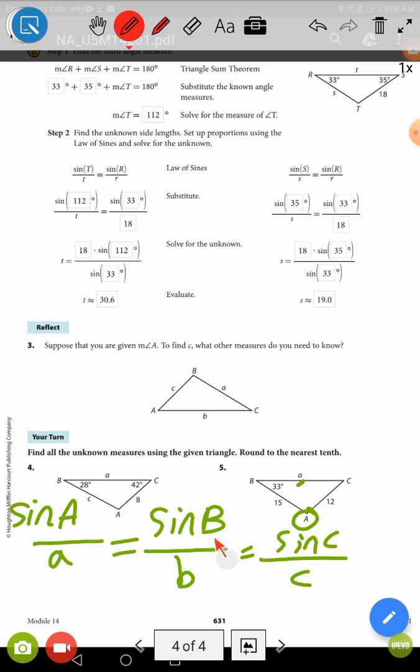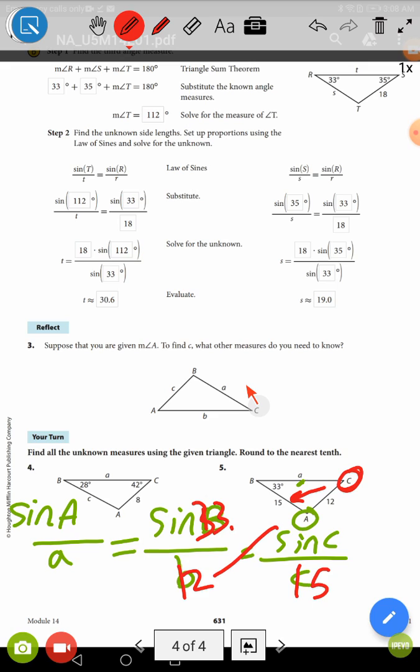Sine B is given, 33 over B, 12. C is unknown, so sine C is unknown, but its opposite is given, so I can put 50.